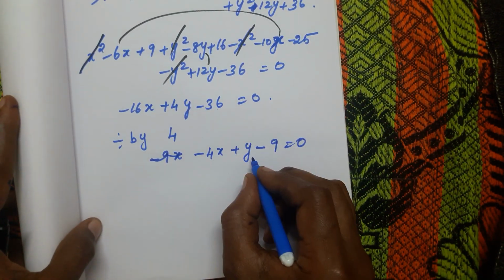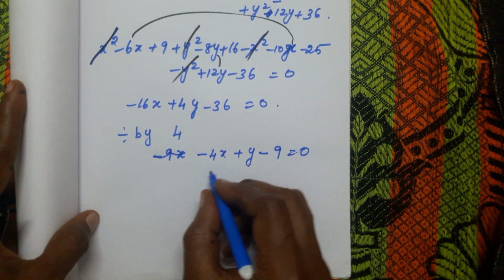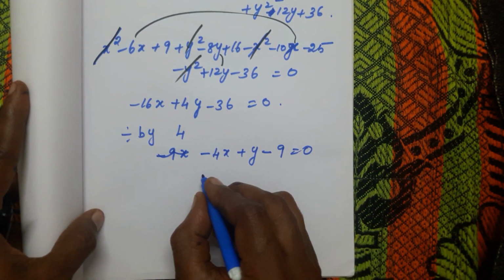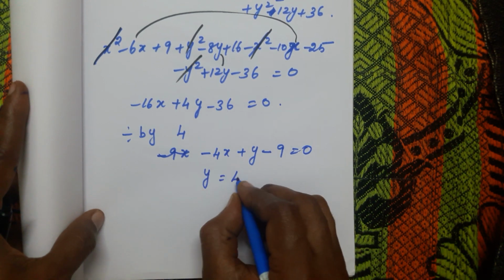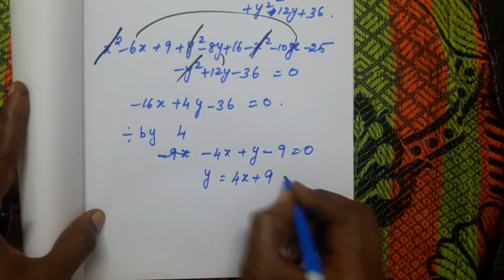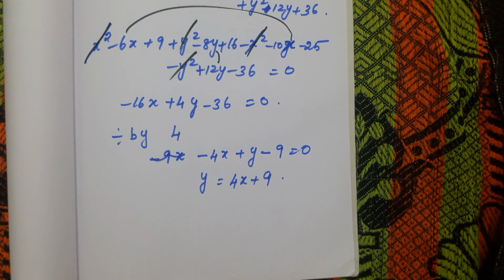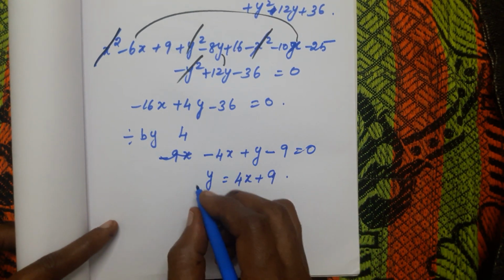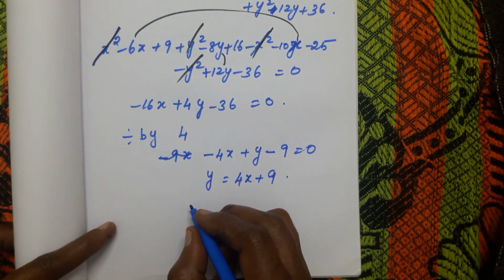Next, take y alone on this side, and when we take the x term and the negative number to the right hand side, what will we get? y is equal to 4x plus 9. We wanted to find the relationship between x and y. Okay, this is the relationship between x and y.